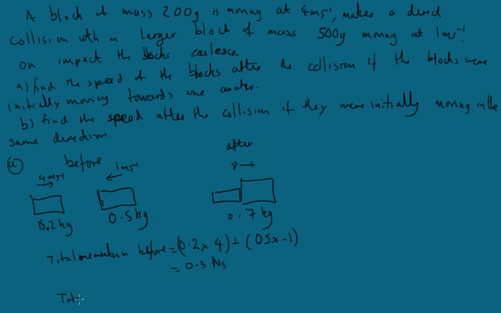So the total momentum after will be the total mass, 0.7, times whatever velocity that is, and that's going to equal 0.3. So the velocity is going to be 3/7 meters per second, and that's equal to 0.429 to 3 significant figures, meters per second.